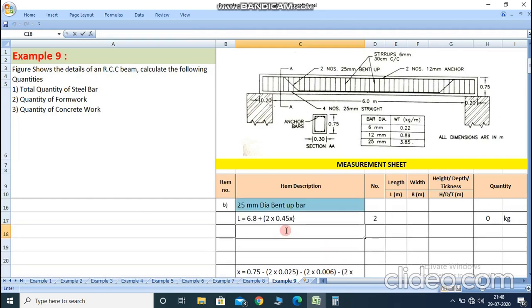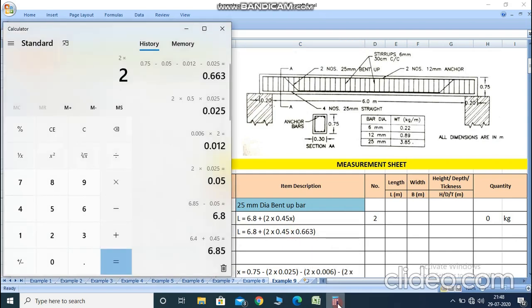So here for a bent up, extra 0.663 meter required, so we add in this length value. L is equal to 6.8 plus in the bracket 2 times 0.45. Here x value we got is 0.663. Clear? Now we calculate 2 multiplied by 0.45 multiplied by 0.663, so answer is 0.5967.